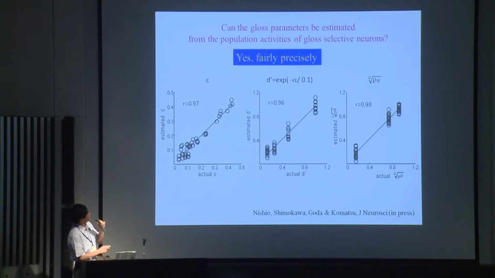So this slide shows the fitting for c, and this is the fitting for d', that is a slightly modified version of d. And this is the fitting for the cube root of rho D. In all cases, the fitting was fairly precise.